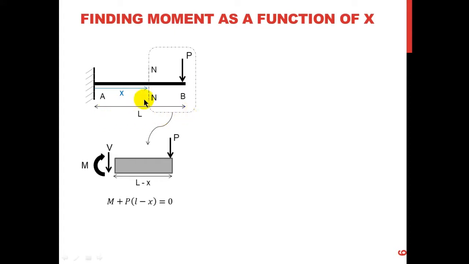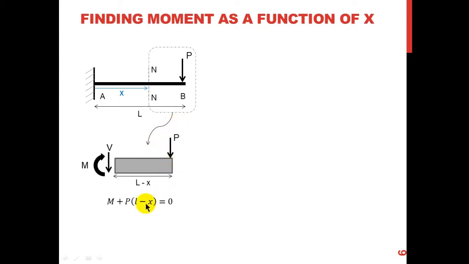So L minus x gives me this distance, and I can then compute the moment. I'm taking the moment at this point. So I have the internal moment, this is the M, and I have this force as well.